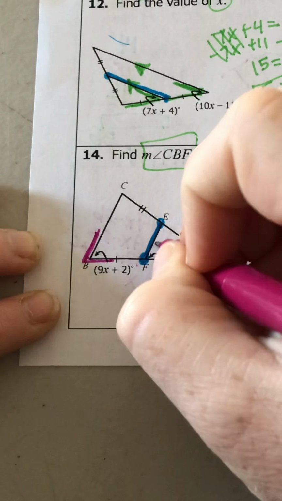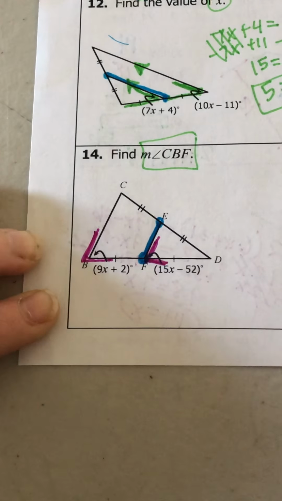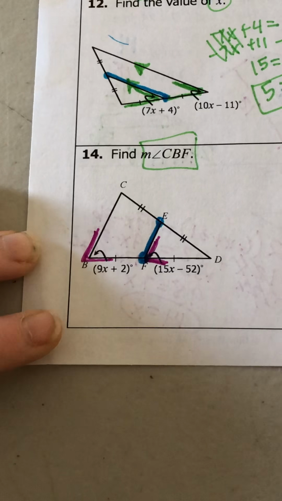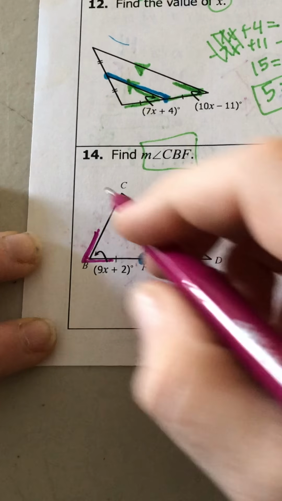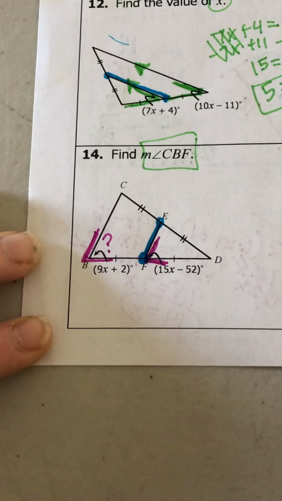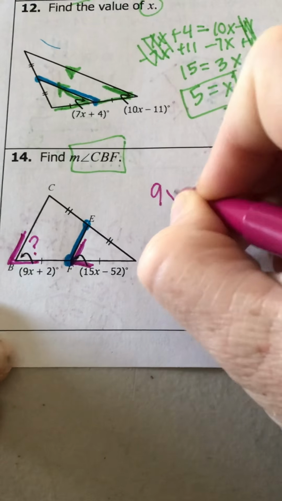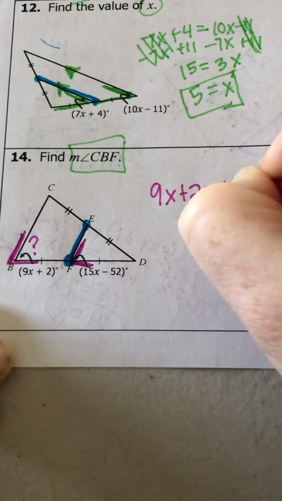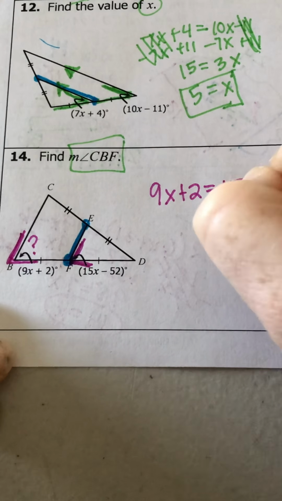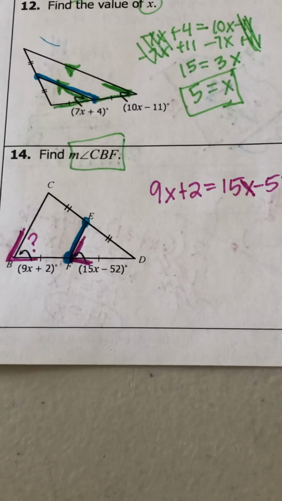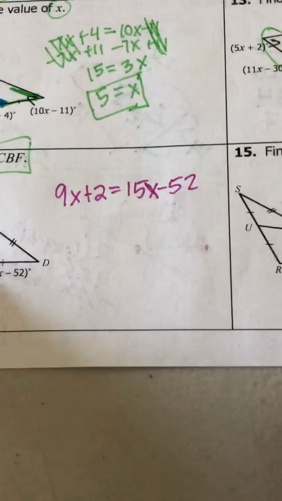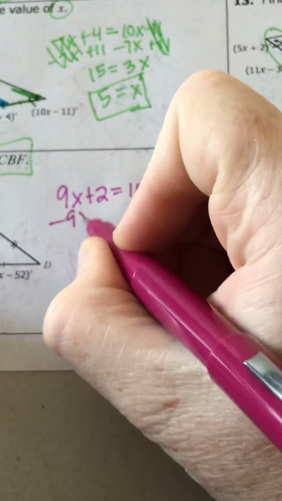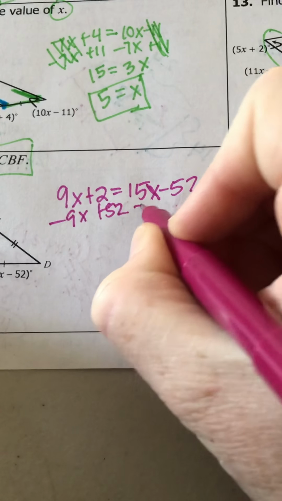9x plus 2 degrees will equal 15x minus 52 degrees. And angle CBF is wanted. CBF is this one. So 9x plus 2 equals 15x minus 52. We're going to solve that for x and then plug it back in to get the angle. So minus 9x plus 52.